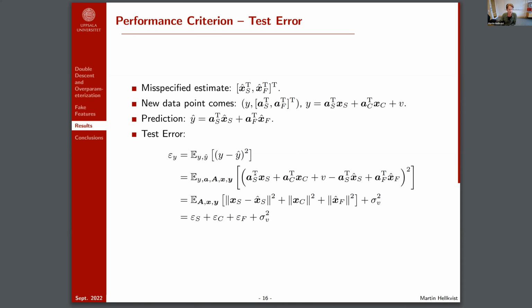We open up the expression and simplify, and we see that we end up with these error components from the previous slide, this epsilon S, epsilon C, and epsilon F. So these components that we formulated actually make up a decomposition of the output MSE.